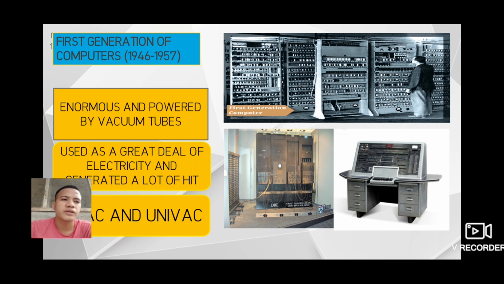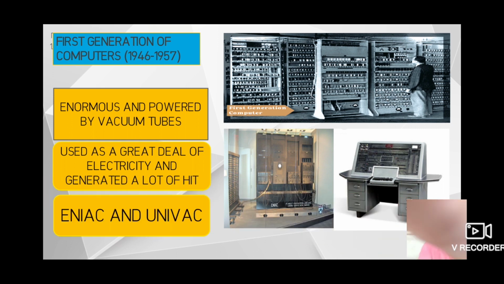In computer technology also, we have what we call UNIVAC and ENIAC. ENIAC is the Electronic Numerical Integrator and Computer, while UNIVAC is the Universal Automatic Computer. UNIVAC was the first general purpose electronic digital computer.